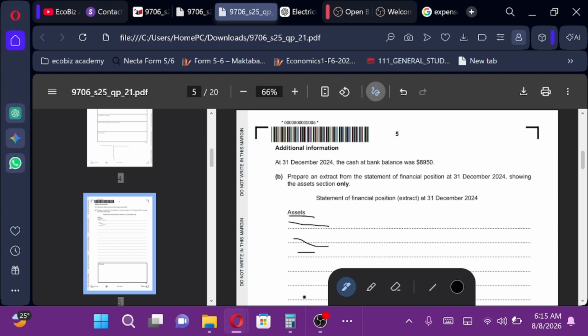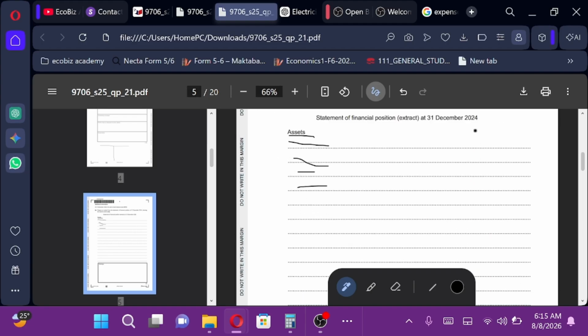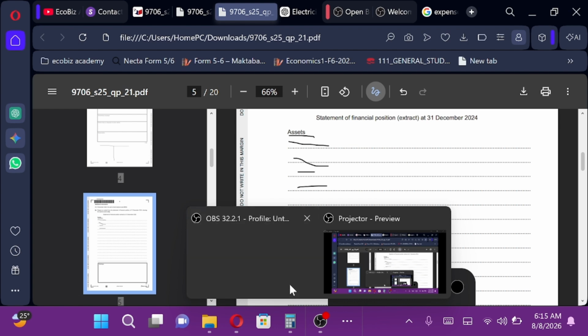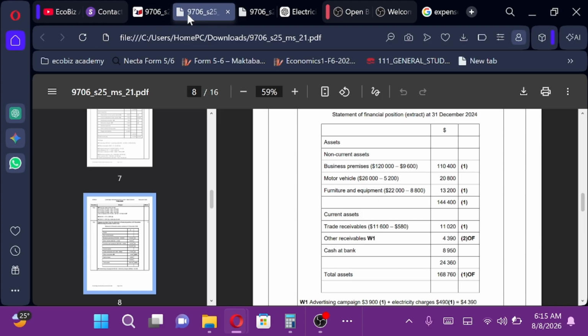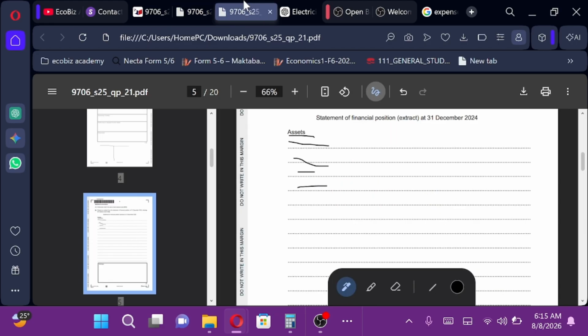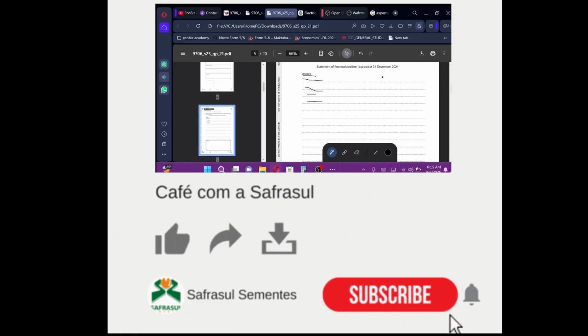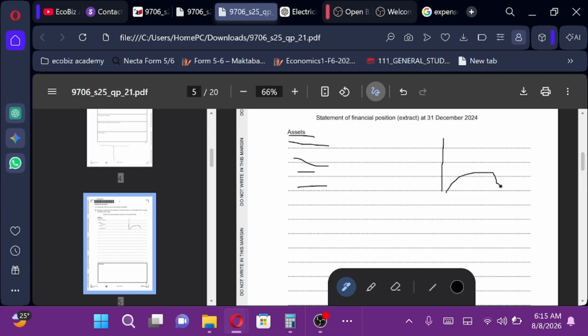Fixture and equipment here. After that, we're going to put the amounts of those here. After that, we're going to put the total of all the non-current assets here. Then we put the sum over here.